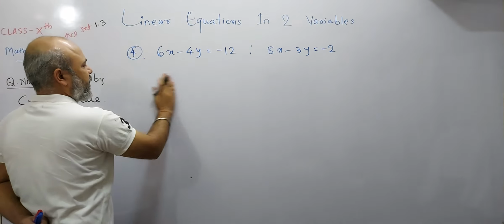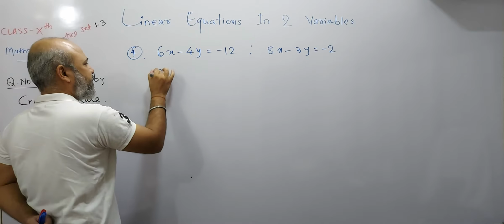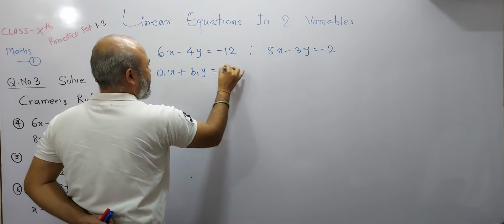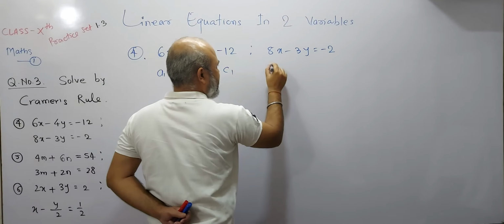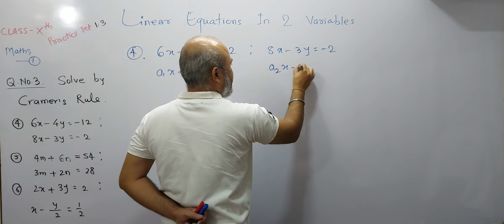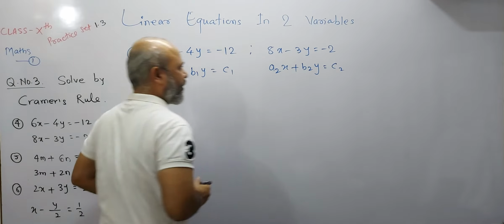So you will again compare this with the general form, that is a1x plus b1y is equal to c1, and this equation will compare with a2x plus b2y is equal to c2.